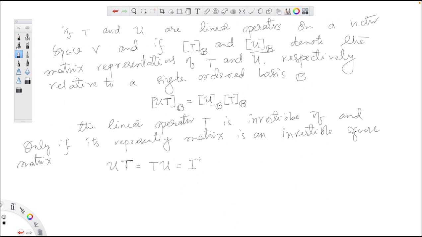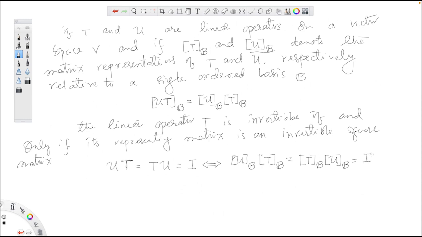And this is equivalent to the fact that the matrix representation of U multiplied with the matrix representation of T is equal to the matrix representation of T multiplied with the matrix representation of U. Everything is computed relative to the basis B. Okay, there is a single ordered basis of the vector space V, and this is supposed to be the identity matrix.